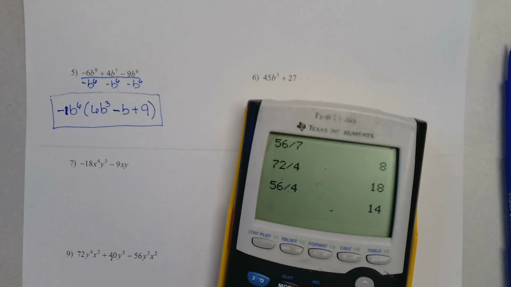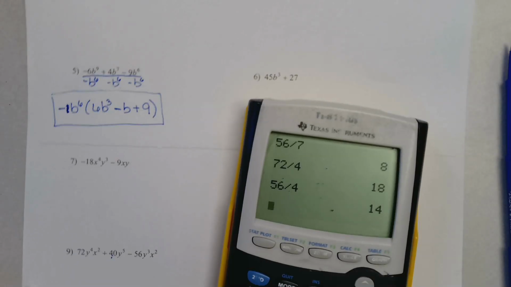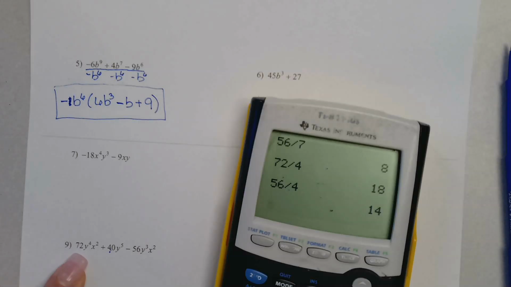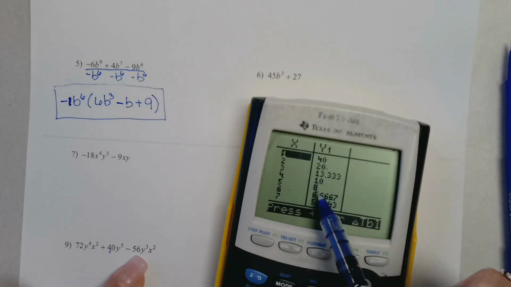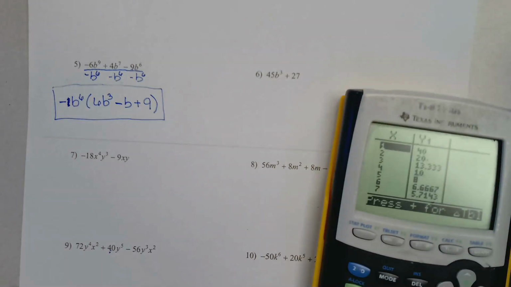Ooh, I've got an even bigger common factor. Let's go even bigger. Let's try 8. 8 is a factor of 40. 8 is a factor of 72. And 8 is a factor of 56. So if we go even further, we see that 8 is in there. So what we're going to do is write down 8.